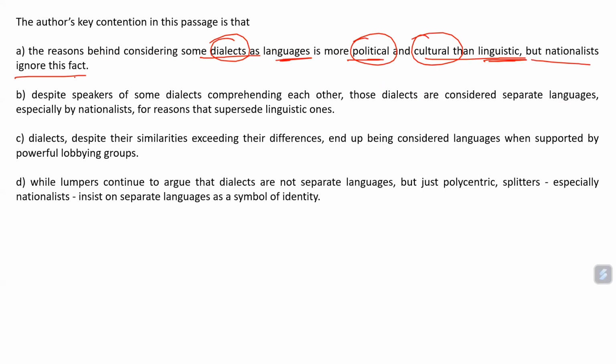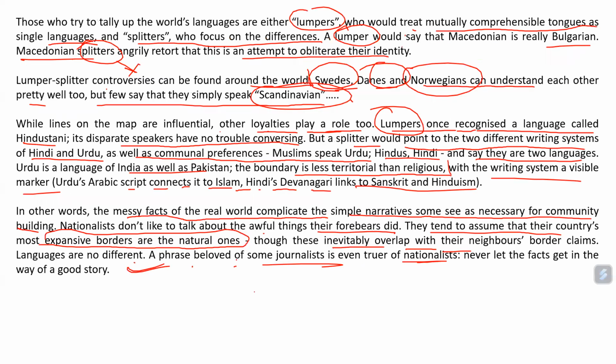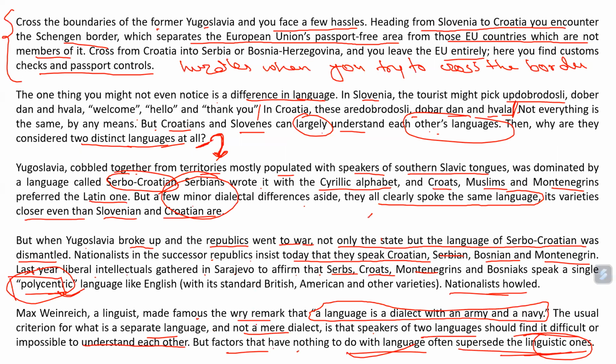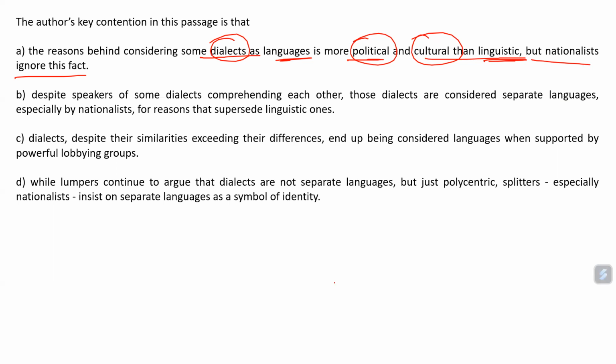Now, see, what I feel is there is some misrepresentation of the facts. The fact according to the sentence, right? What does that mean? That means that the reason behind considering some dialects as language is political, which we have read, right? The criterion for a separate language and not a mere dialect is that speakers of two languages should find it difficult or impossible to understand each other. So that's a political motive, and it has nothing to do with language, often superseding the linguistic ones, right? So that means this option has a misrepresentation. Why?